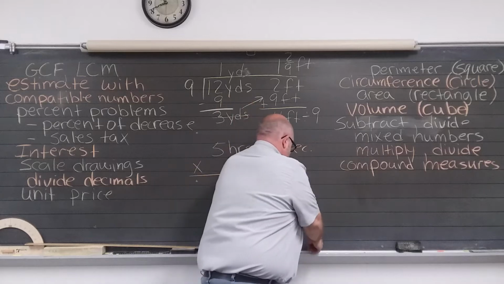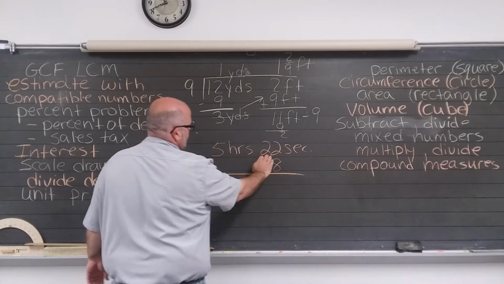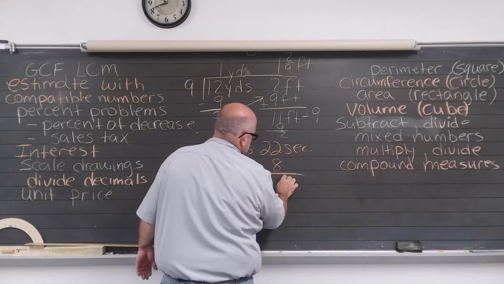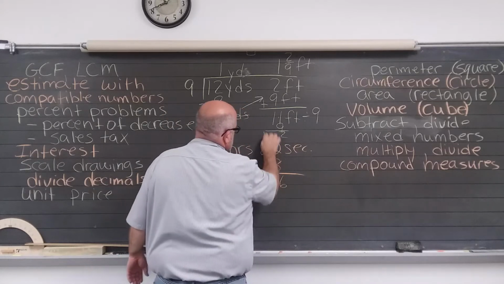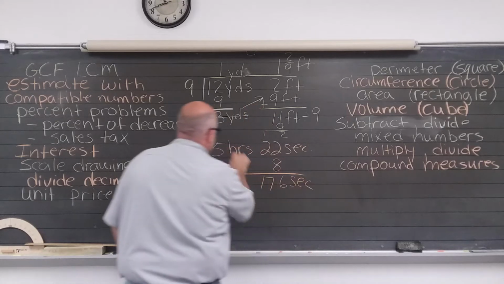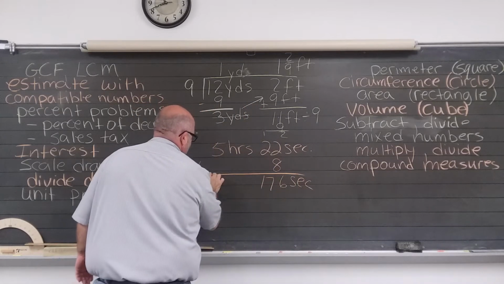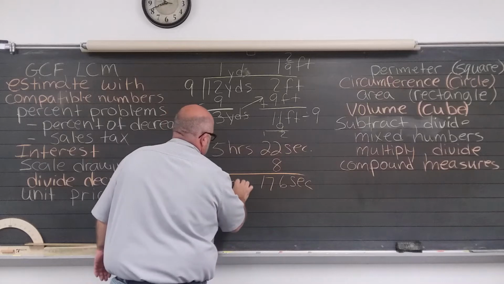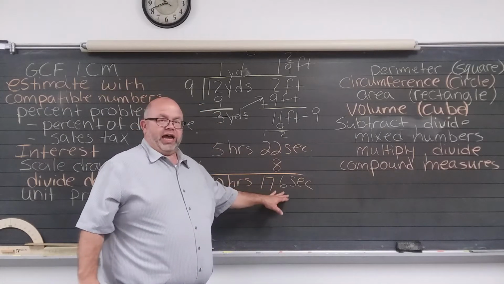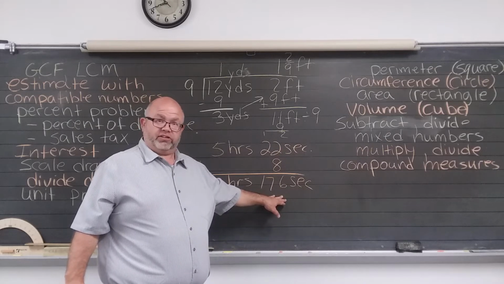Multiplication of compound measures. Multiply these separately. Okay? So 22 times 8 would be 176 seconds. 8 times 5, 40 minutes, right?